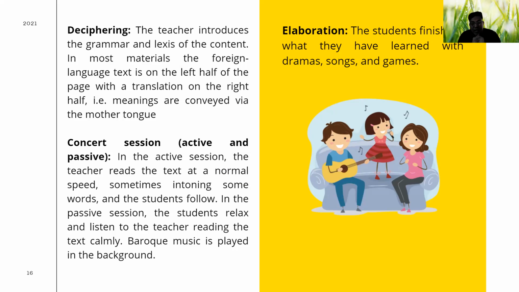Then when we have the concert session, the active and passive, here we can use Baroque music in the background, which helps us feel relaxed and focused on what we're learning. And at the end, we have the elaboration, where the students finish what they have learned with dramas, songs, games, dialogues, and so on, right?